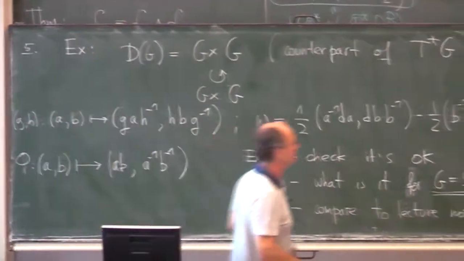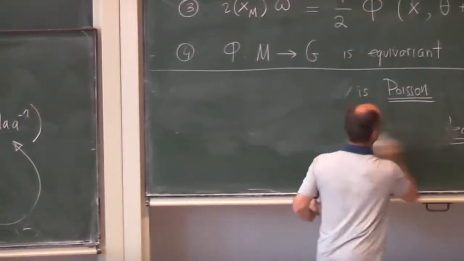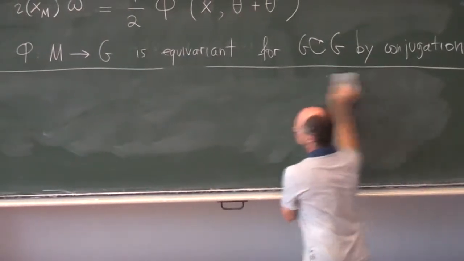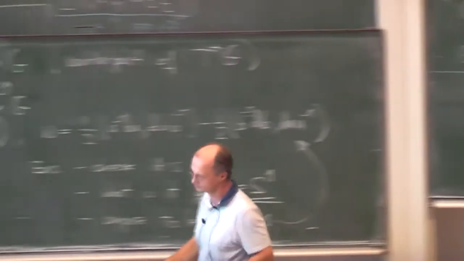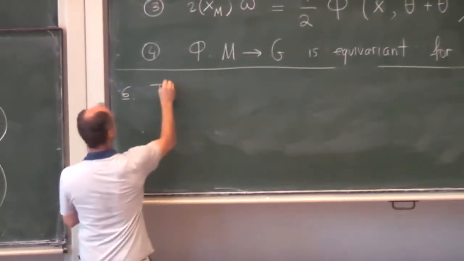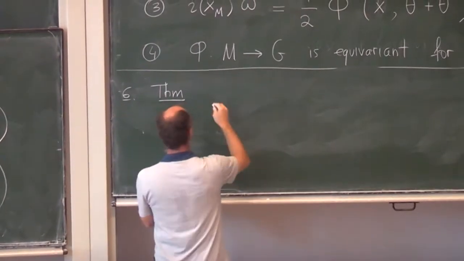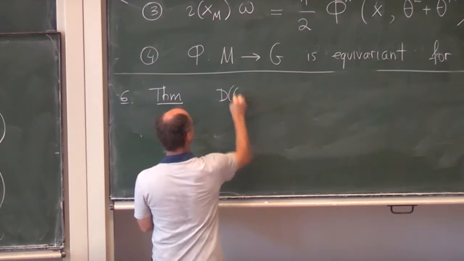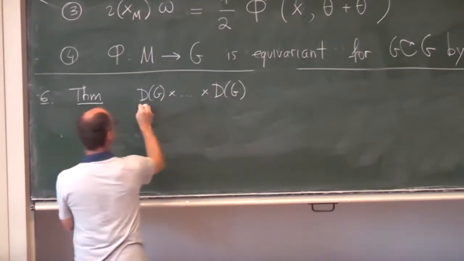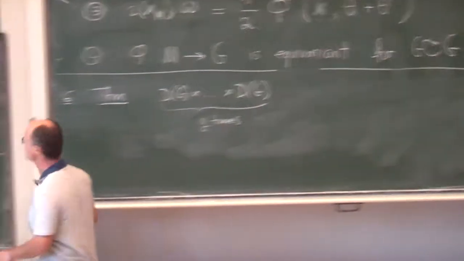well, we're approaching the end, step 6. Step 6. Theorem. So let's consider g copies of this double.